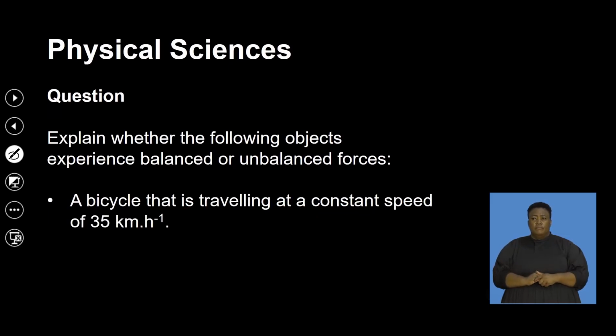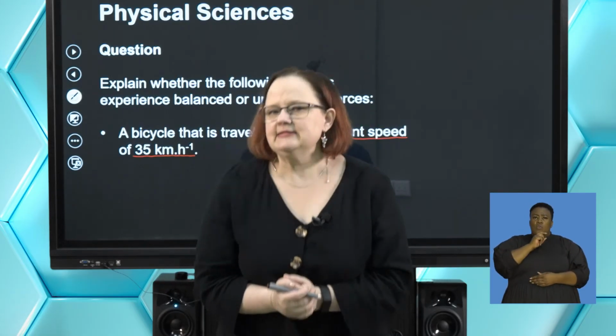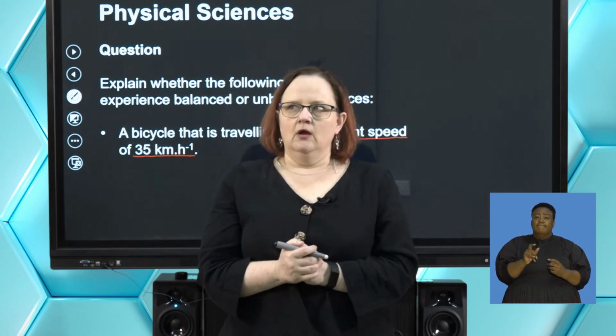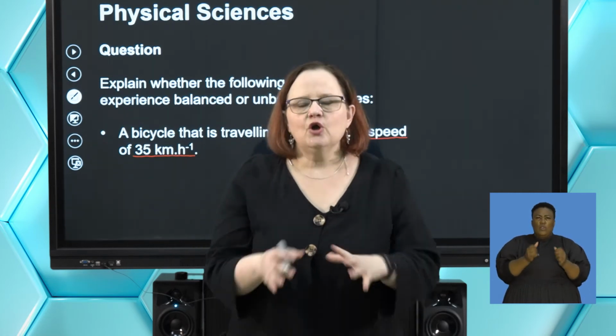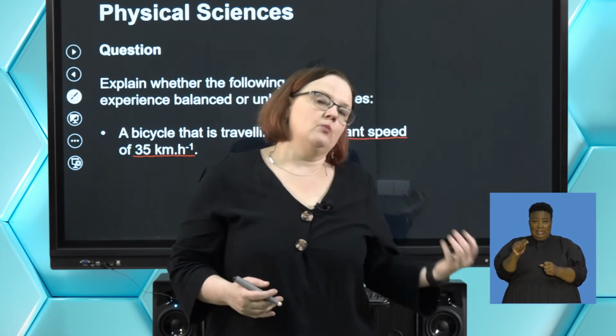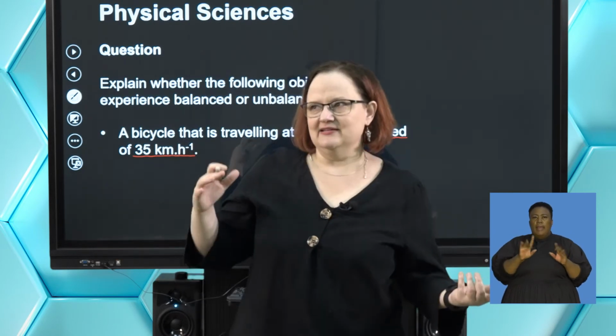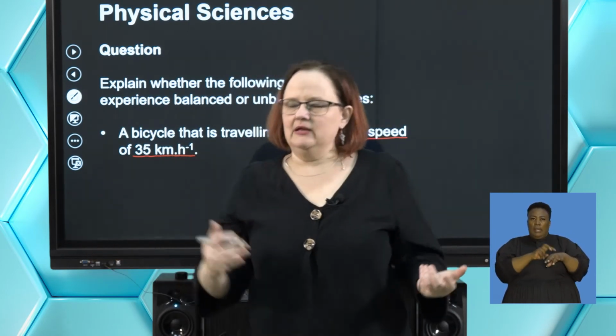Next one, a bicycle that is traveling at a constant speed of 35 kilometers per hour. First of all, that's ridiculously fast for a bicycle, but that's all right. I've used the word constant speed now. That's okay. Don't worry about it. I know speed's a scalar, so we don't worry about direction. Velocity is a vector, so I need direction.